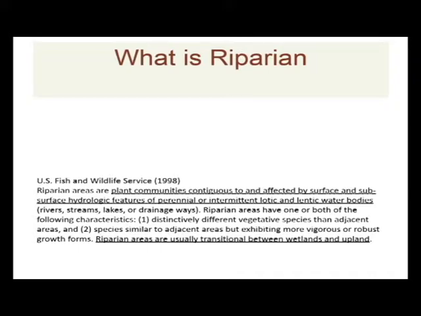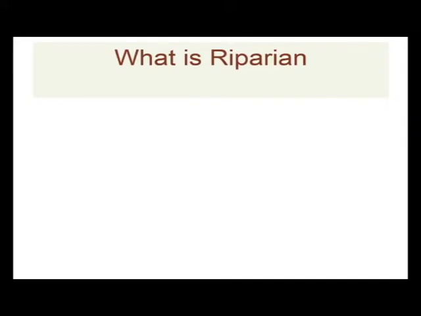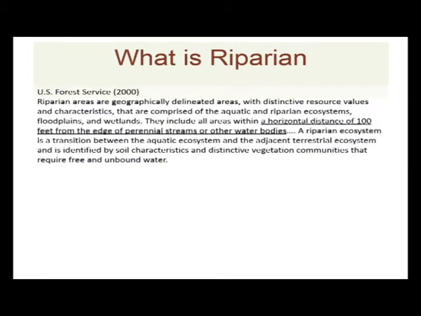The U.S. Fish and Wildlife Service says riparian areas are plant communities next to water bodies, and they are usually transitional between wetlands and uplands. The U.S. Forest Service says riparian areas are 100 feet from a perennial stream.